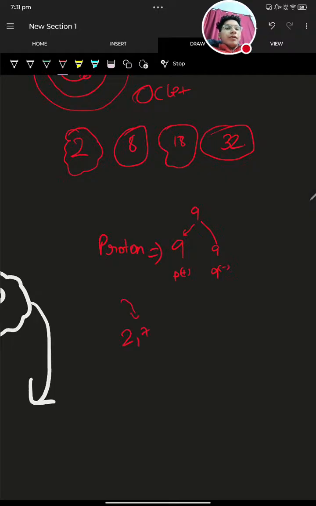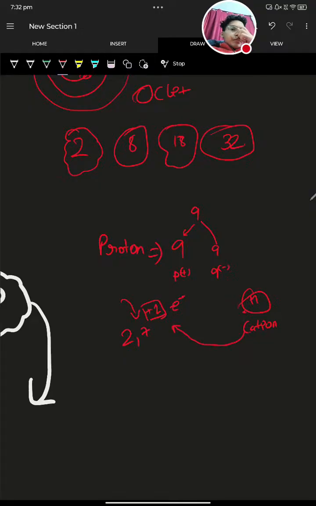Now it wants to become an octet, so it would like to gain 1 electron, which is negative. Suppose there is a hydrogen there. When fluorine bonds with hydrogen, hydrogen becomes a cation, and hydrogen can become both cation and anion. Here it becomes a cation and gives its electron to fluorine.